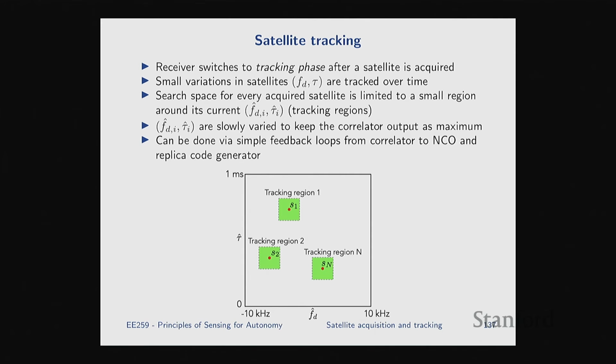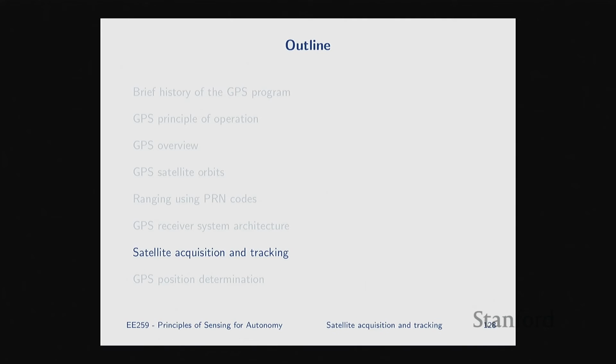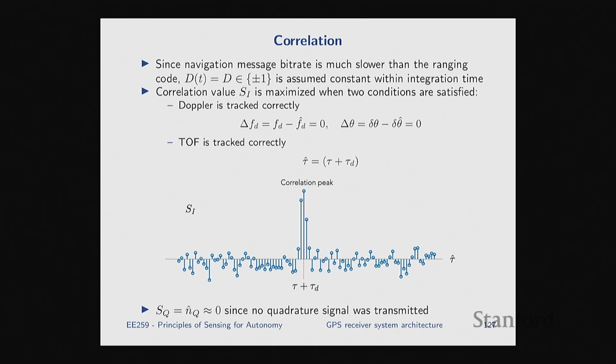The algorithms for tracking can be super, super simple. For instance, to track tau hat, the simplest thing you can do, if we go back to this picture, is that at the output of your correlator, instead of just looking at this peak, you also look at the sample before and the one after it, right?